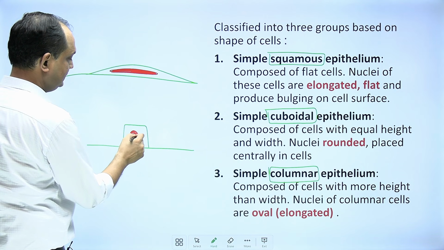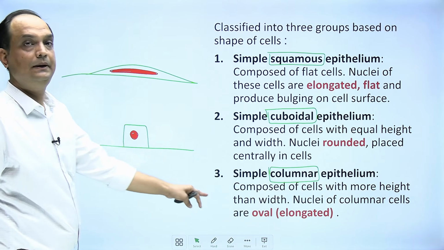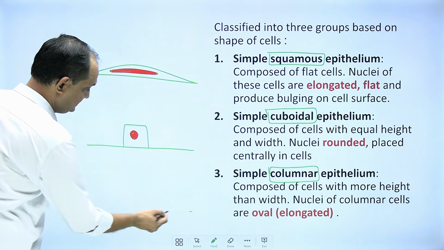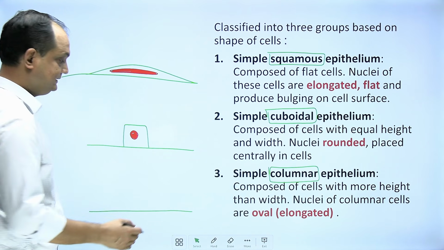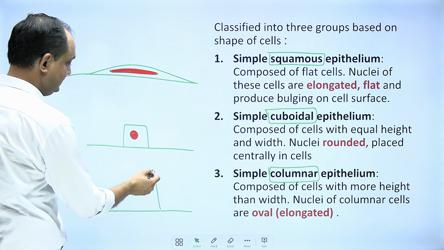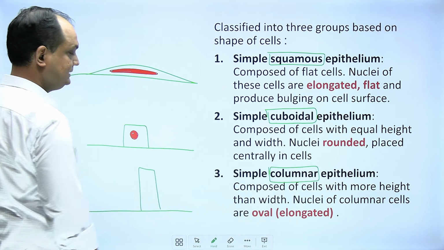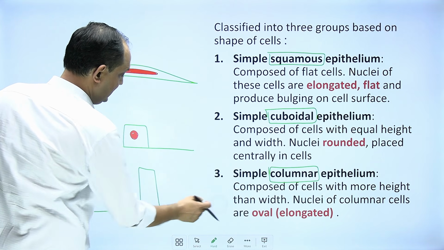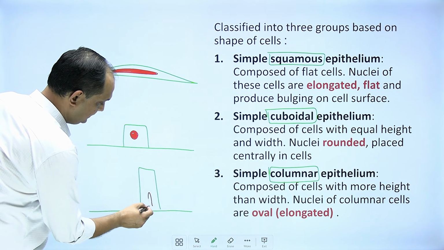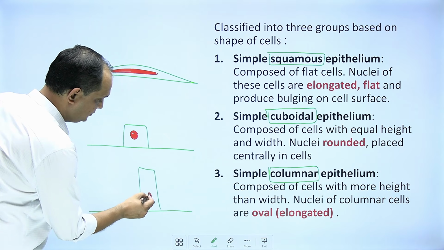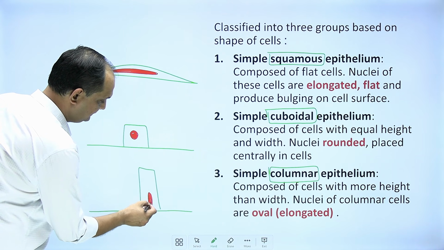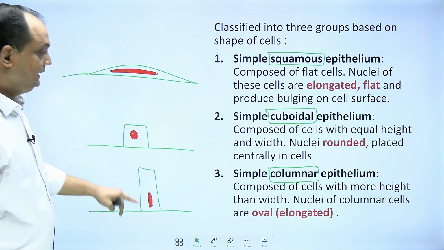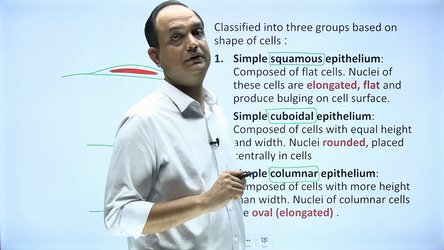And when you see the third variety, the simple columnar, the cell is elongated, that means the height is much more compared to the width. The nuclei are again elongated, but vertically oriented, oval-shaped nuclei, which are generally present in the lower part of the cell. So these are the three different orientations of the nuclei.